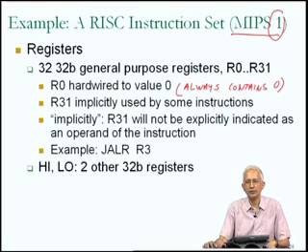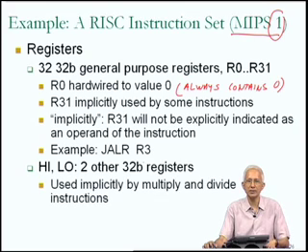Now, the very fact that they are not referred to using a continuation of the name sequence used for the other 32, in other words, these are not called R32 and R33, but they are called by names high and low, means that they are actually used for certain specific purposes, though they will be available to the programmer in general as well.